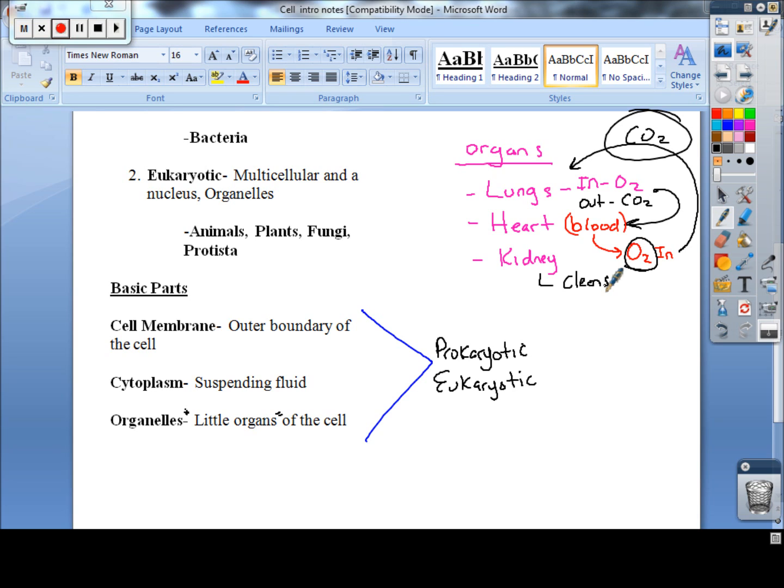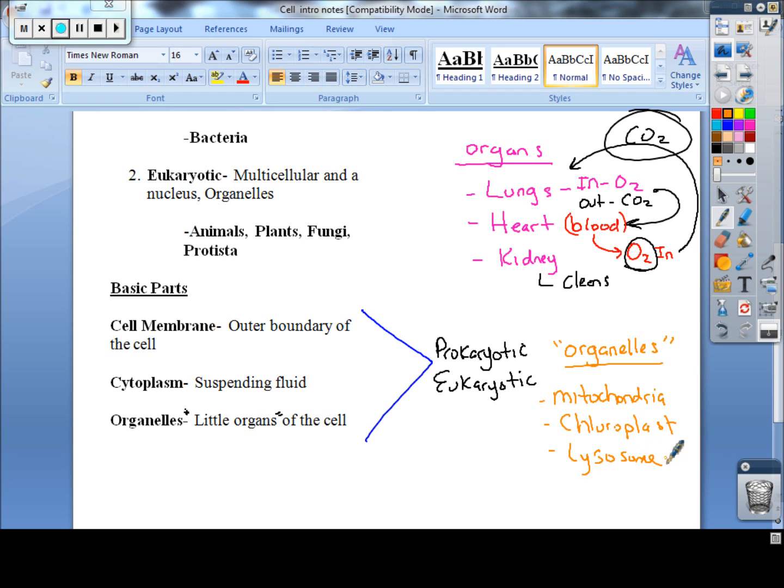Okay. Then we have organelles, little organs that do the same thing. So you have a mitochondria, we have chloroplast, we have a lysosome.